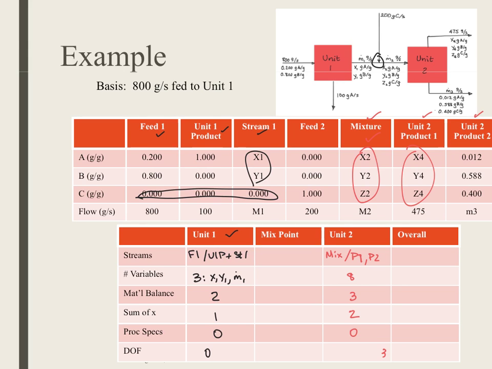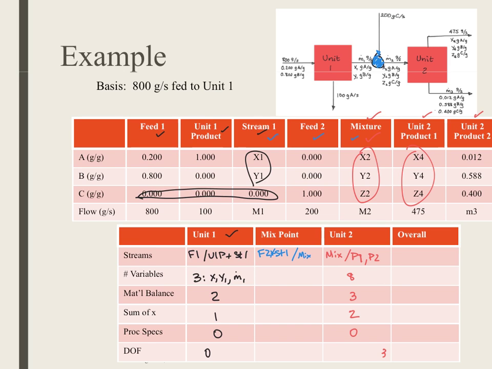So let's look at the mixing point next. If I treat this as just a little process, I have the C feed, so feed 2 coming in, I have stream 1 coming in, and the mixture coming out. So feed 2 and stream 1 go in and the mixture comes out. That is this one, and this one.